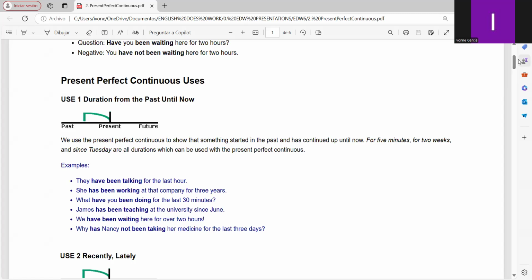I'm not certain if you have seen this before, but when I teach the present continuous, I usually say, okay, guys, remember that we have what we call emotions, and we don't usually use those verbs to express emotions or a state of mind in the present continuous. So it is the same here with the present perfect continuous. So here I put the list.